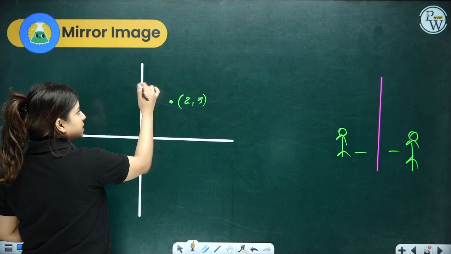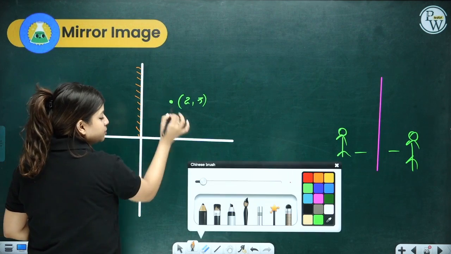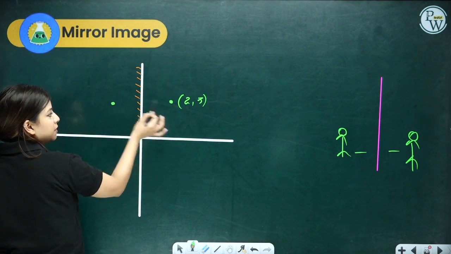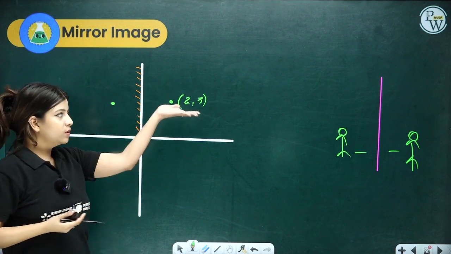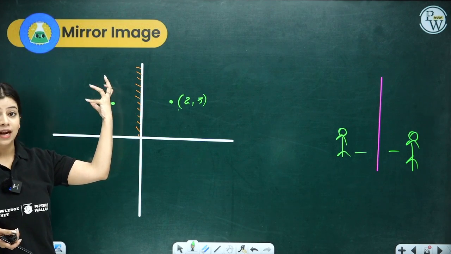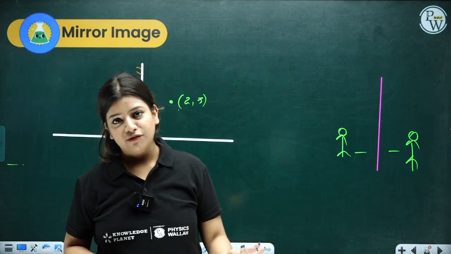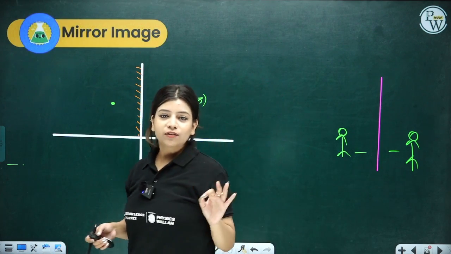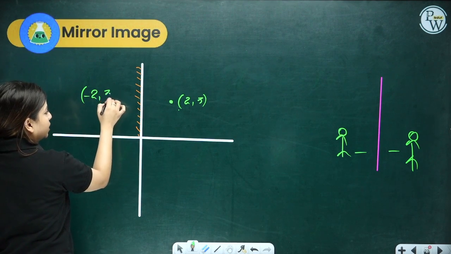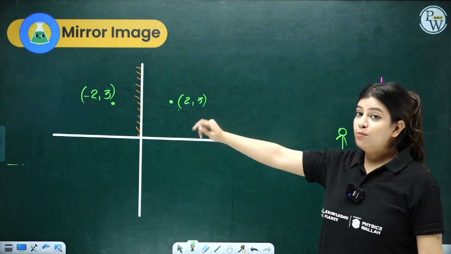I said y-axis, so the y-axis will act as a mirror. Now this point will be located here after reflection. It was in the first quadrant, and if it is reflected from this line, it will come to the second quadrant. Any point in the second quadrant is of the form (-2, 3), that is, x negative, y positive. So this is how you can find the mirror image.